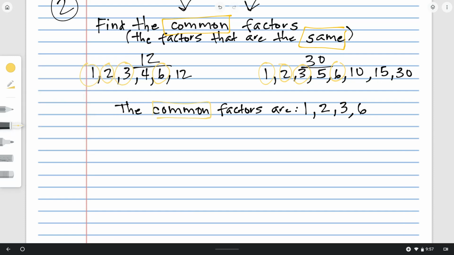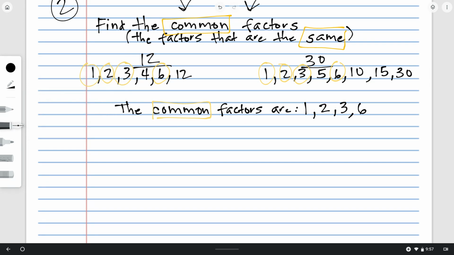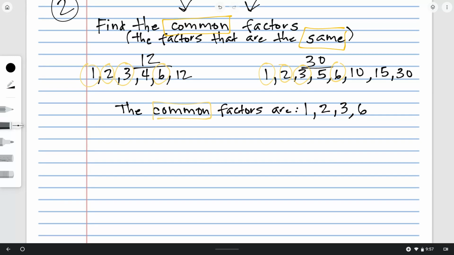I'm going to underline this in orange. Common. Things that are the same. Okay? This is a very long process. And that's okay. We have to practice it so that it gets quicker.